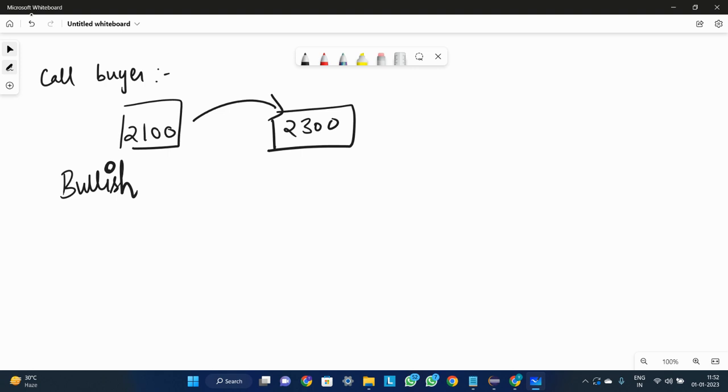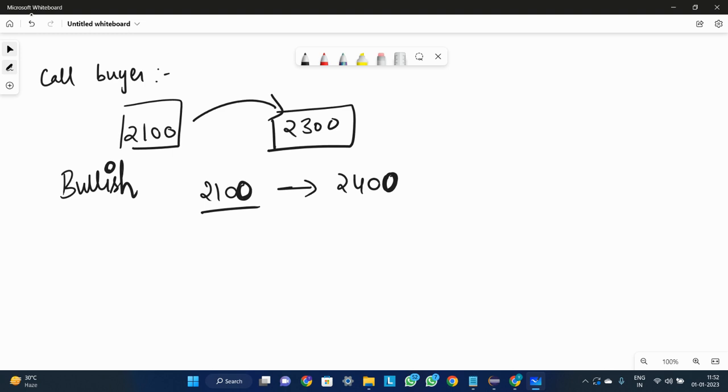Now, what if Reliance goes to 2400? Will he exercise his call option or will he not? What do you say? Well, the answer is pretty simple. He expects Reliance would be trading at 2300 or something like that, and now the price went to 2400, and he still gets the right to buy Reliance at 2100.